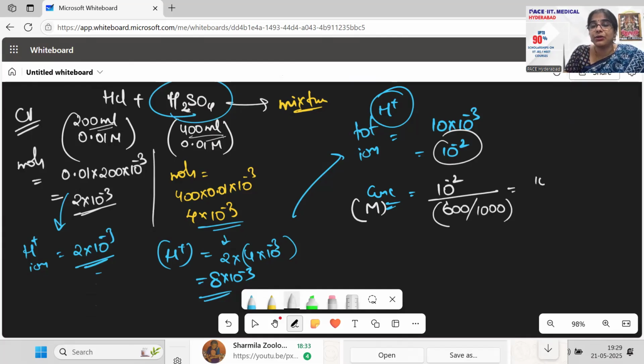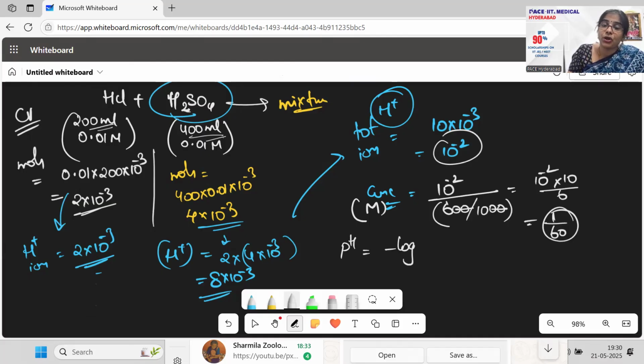So which is 10 to the power minus, ये तो कट जाएगा, minus 2 into 10 by 6, which is nothing but my 10 power minus 1 by 6, 1 by 60. So this is my H plus concentration. So my pH will be minus log H plus concentration. H plus concentration is 1 by 60. So which is minus log, minus बाहर, log 1 minus log 60, right?